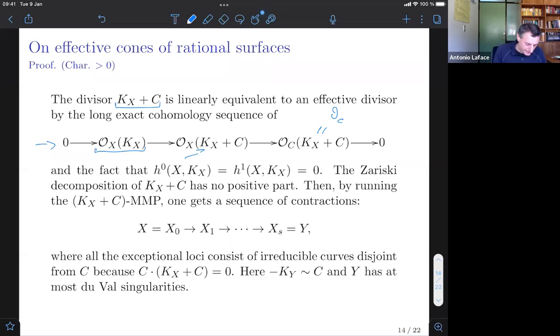Let me say that I can write here Kx plus C is linearly equivalent to some negative curves N1, ..., Ns, with coefficients also.